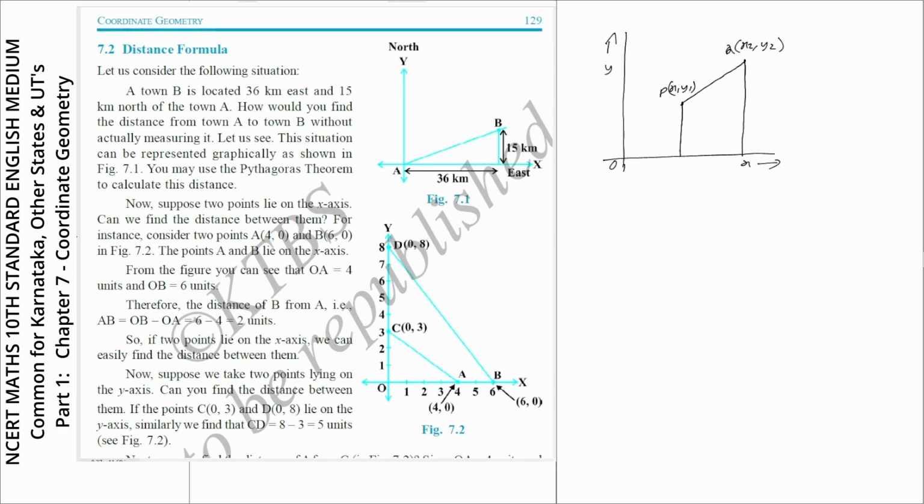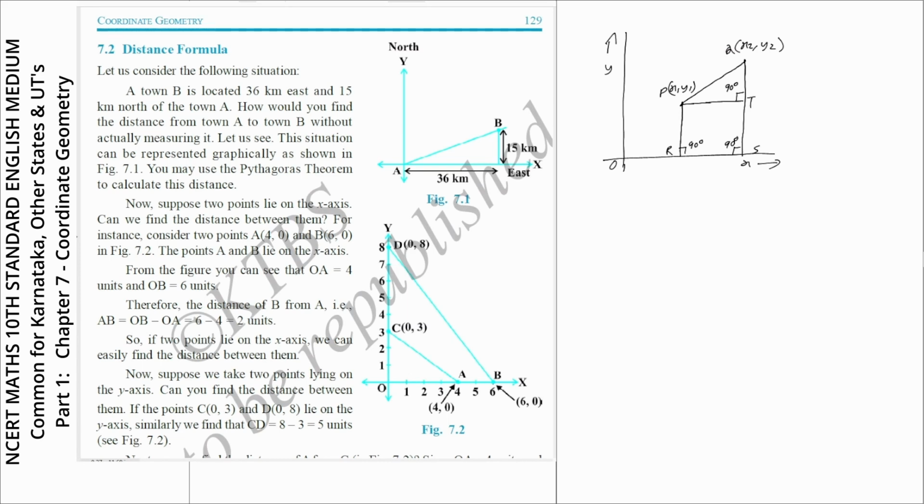I'll name these points R and S. Perpendicular means this is 90 degrees, this is 90 degrees. And I'll draw one perpendicular from P to QS, like this, and I'll call this point T.